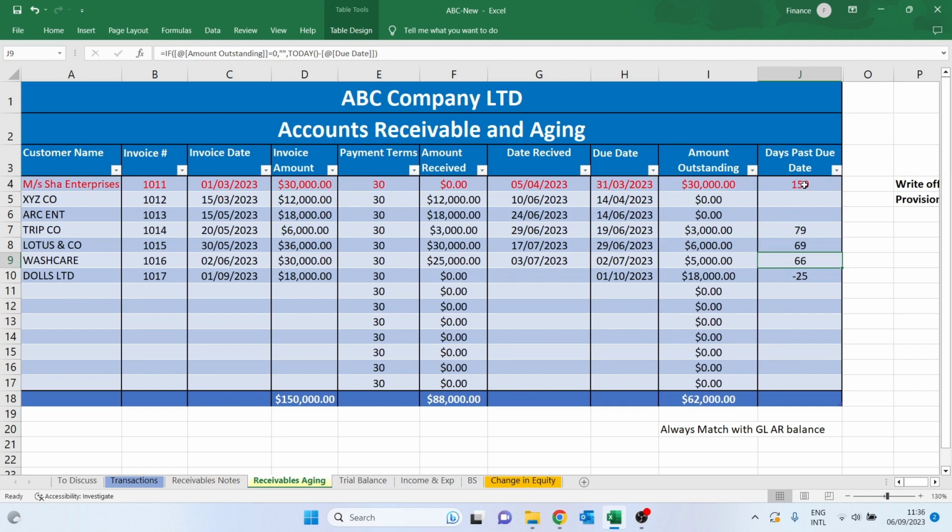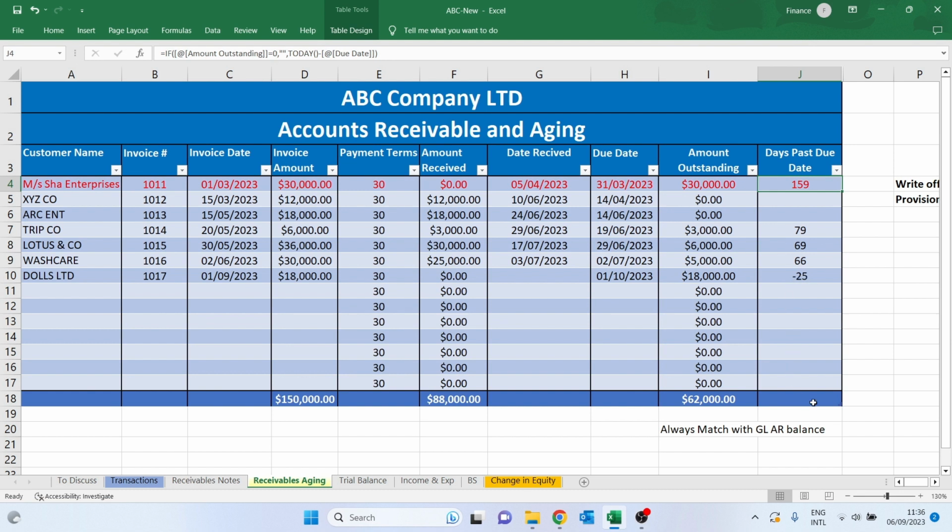So here 159 days old means this is around 6 months old. More than 6 months this customer didn't pay $30,000. We need to call the customer and understand what is going on and why they are not paying it.